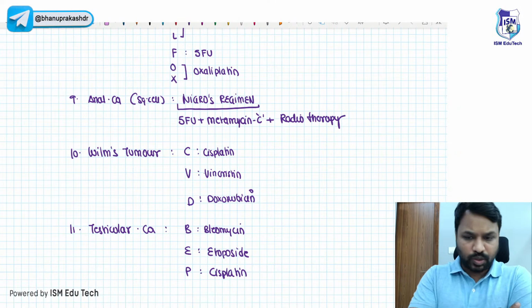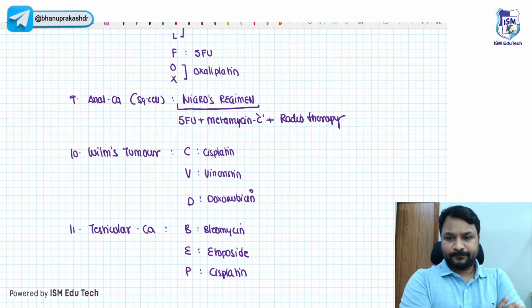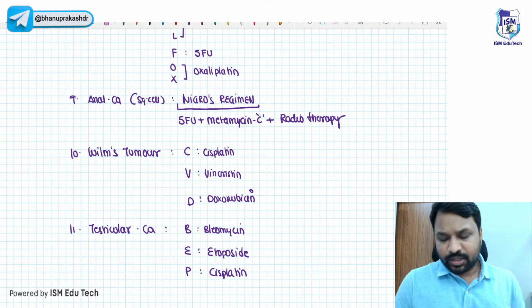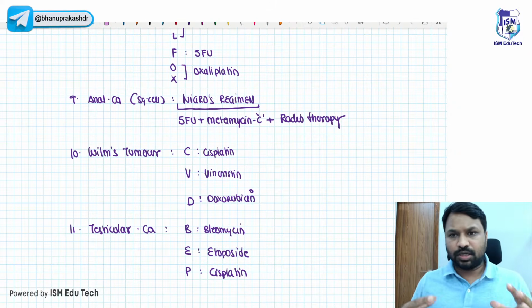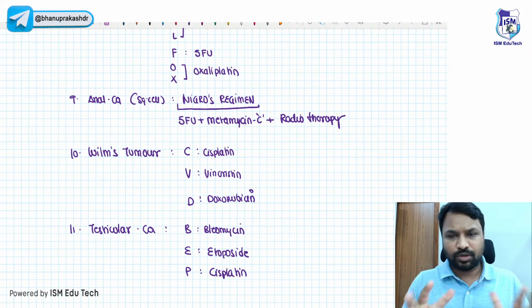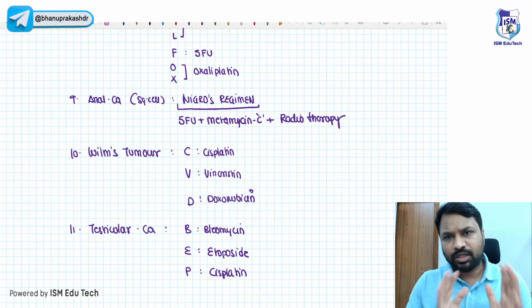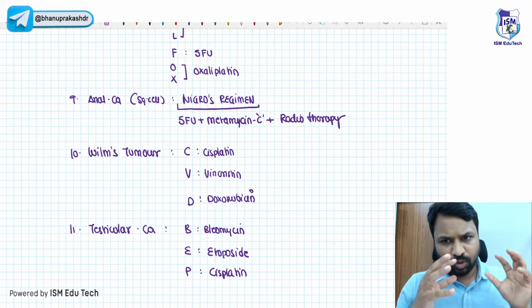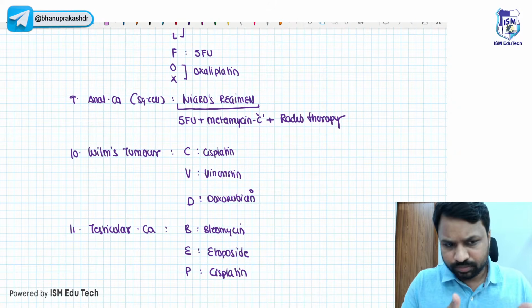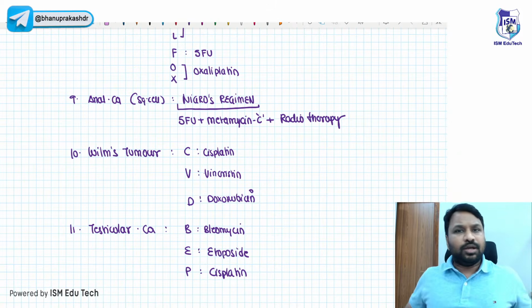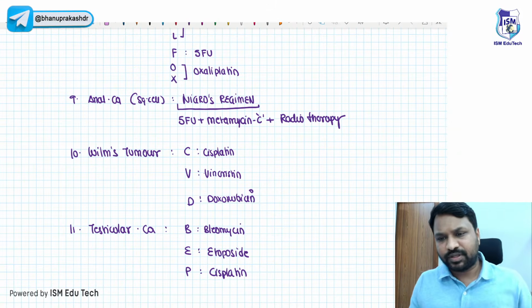I hope the session was informative. I tried to keep it as much as possible with respect to the presentation and the ease of the exam, and to cover the concepts as well as all the previous exam questions. I hope this does what is required for your exam. And from my end, all the best for the exam, guys. If you have any questions, please fire away. Otherwise, that's it for today.